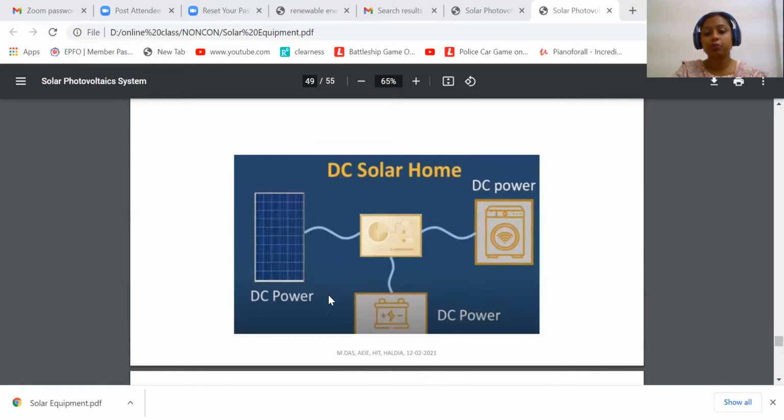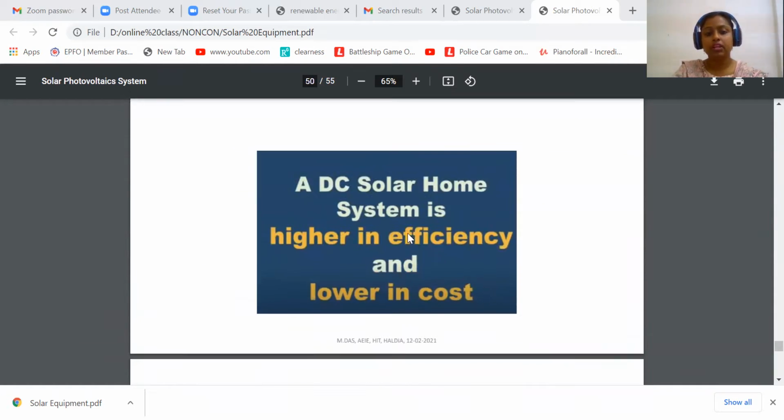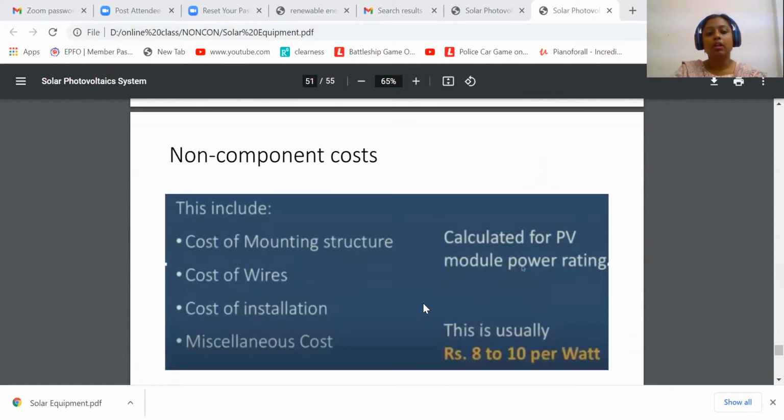So using these four components, we can install a DC solar home system for our own home load. The DC solar home system is higher in efficiency and lower in cost. There are also non-component cost items, like the mounting structures on which the PV panel has to be mounted, wires, and some installation cost.